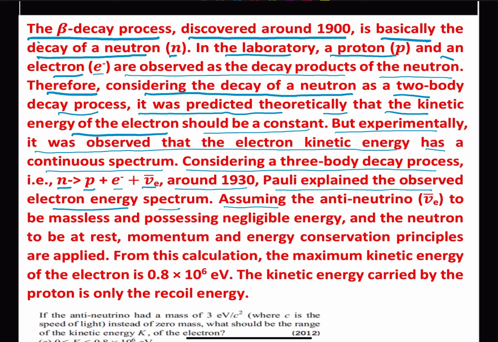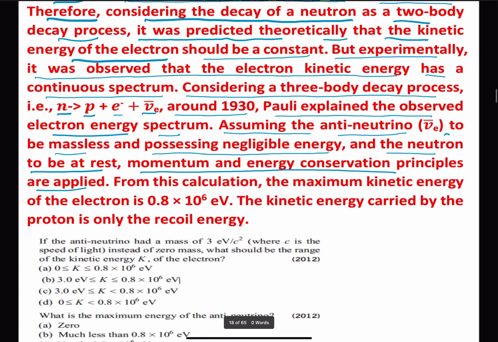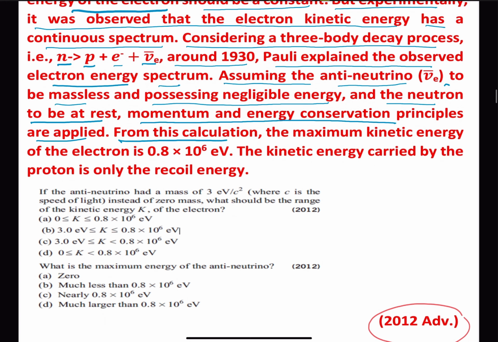Assuming the antineutrino to be massless and possessing negligible energy, the neutron to be at rest, momentum and energy conservation principles are applied. From this calculation, the maximum kinetic energy of the electron is 0.8 into 10 to the power 6 electron volt. The kinetic energy carried by a proton is only the recoil energy.